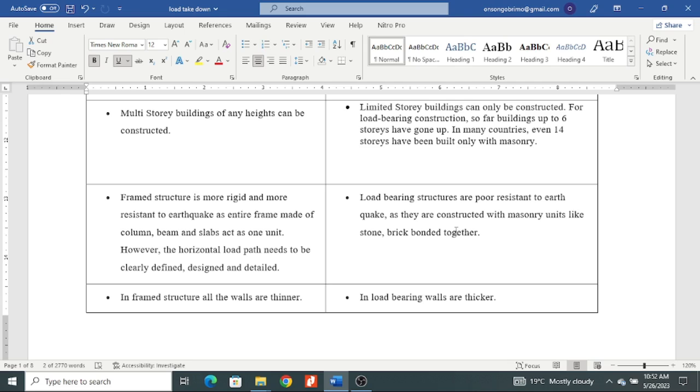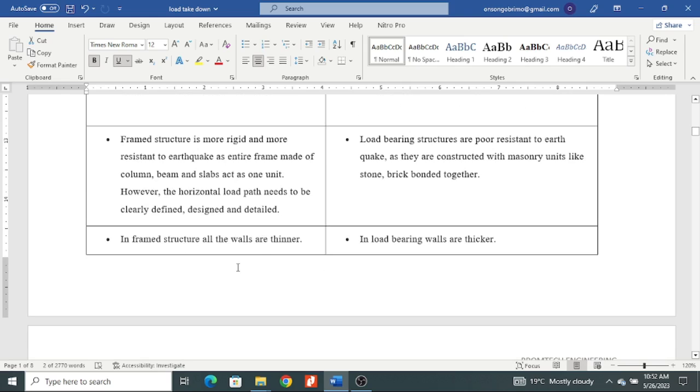You can do wind speeds of 45 meters per second, and then you find out how the structure will behave. You will realize that for load bearing it can even come down, or the stresses will be very high because walls are not good distributors of loads to the foundation.